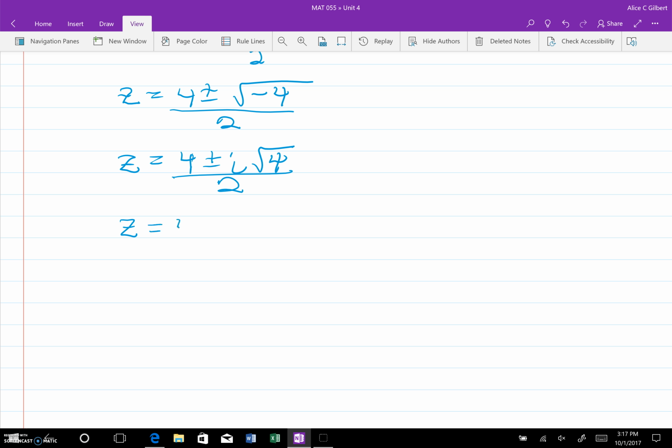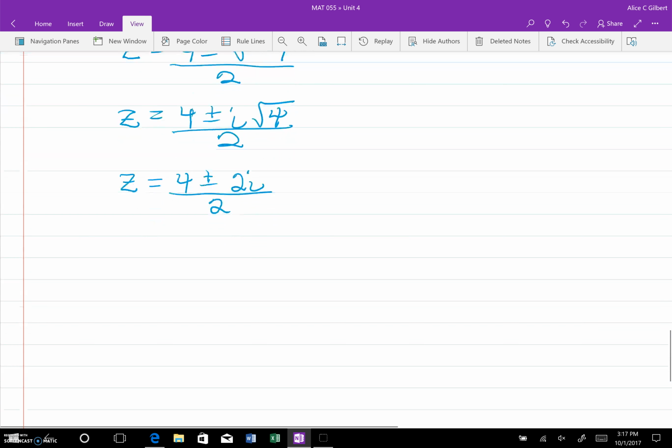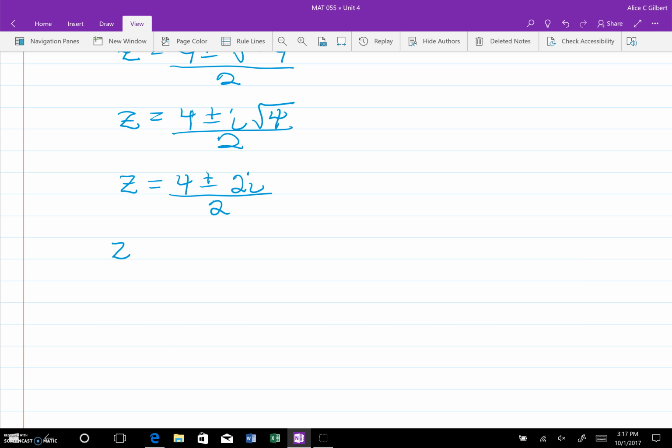And I'm doing way more steps usually than you guys will need to do, but just so you get all the steps in your head, okay? Now again, I cannot cross cancel, so I can factor out a 2. That leaves me with 2 plus or minus i over 2. And then I can cross cancel the 2s. And my final answer is z equals 2 plus or minus i. And that's this unit, this section.